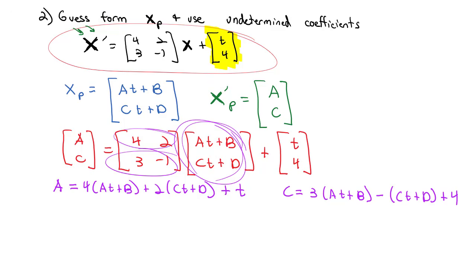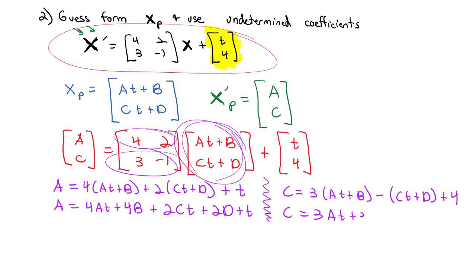This is going to give us the pieces we need to solve. I'm going to go ahead and multiply everything out. So we've got 4at plus 4b plus 2ct plus 2d plus t. Put a little squiggly here so we don't get these mixed up. C equals 3at plus 3b minus ct minus d plus 4.